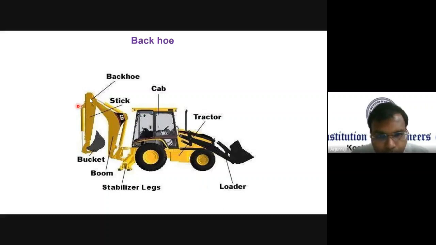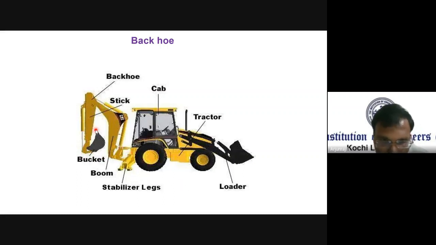And these are the different parts of a backhoe. It involves a bucket, boom, and we also have a loader, and we have the cab. This is the stick, which is having the bucket, and all these are hydraulically operated.